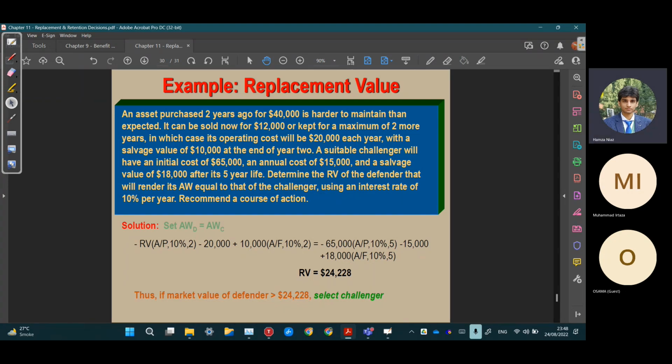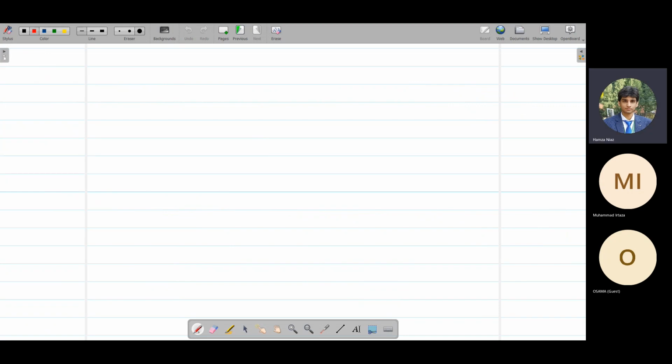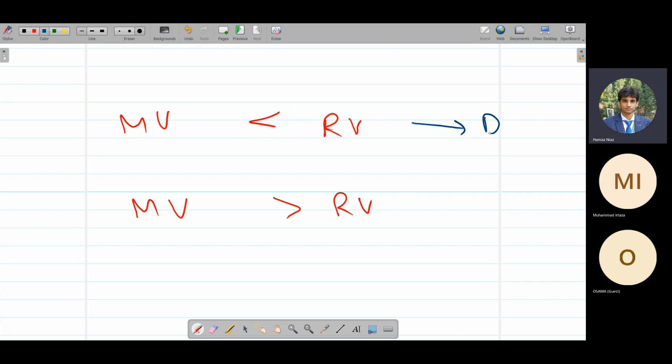Simply remember that if the current value of the defender is less than what we have found from this equation, do not replace it. If the current market value is greater than the calculated value, then replace it. Was that understandable? In the first case, do not replace.